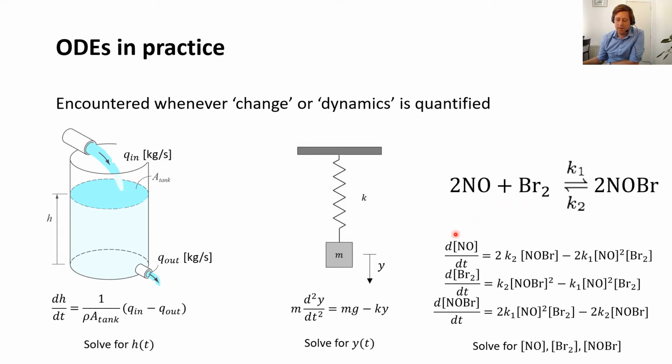In this case, that gives us three equations, one for the concentration of nitrous oxide, one for the concentration of dibromide, and one for the concentration of this product over here. So this gives us a system of three differential equations, which we can then solve for the unknowns, so these concentrations which are functions of time.